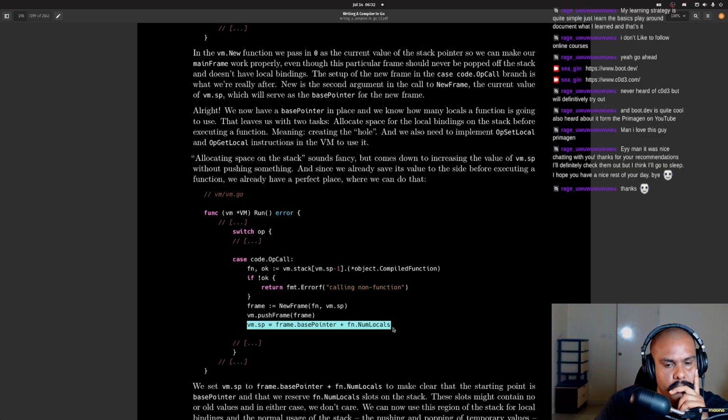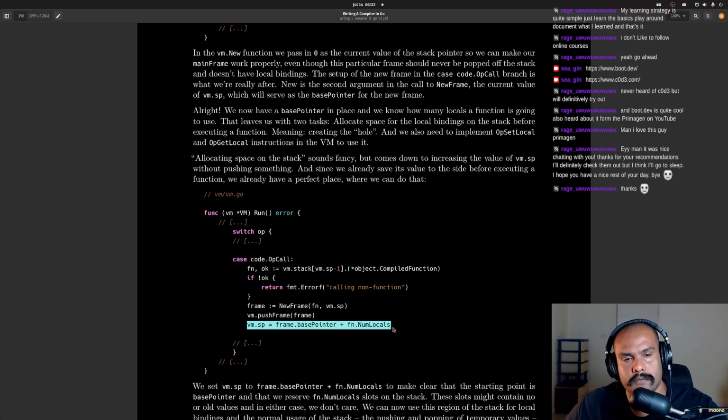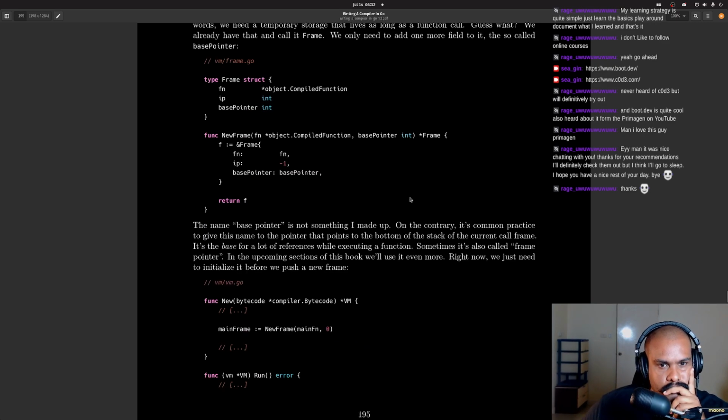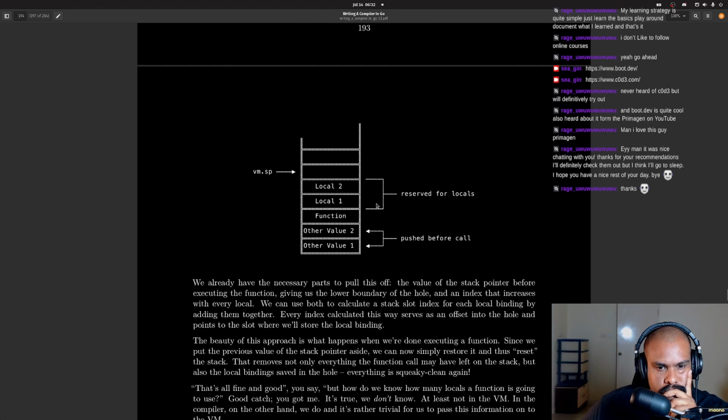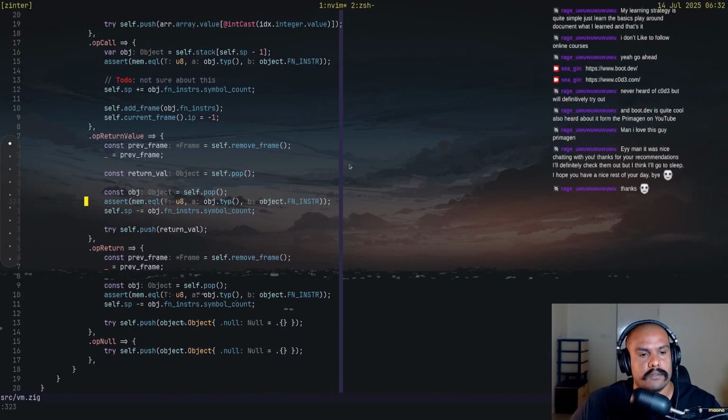Okay, so it's base pointer plus number of locals. Right, because offset local would set the values here, so the stack pointer needs to be pushed beyond.